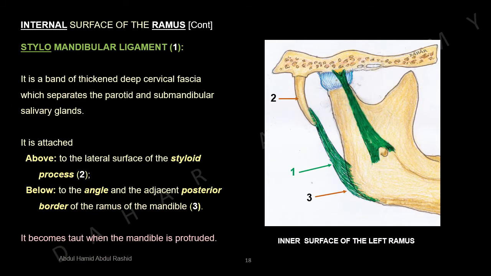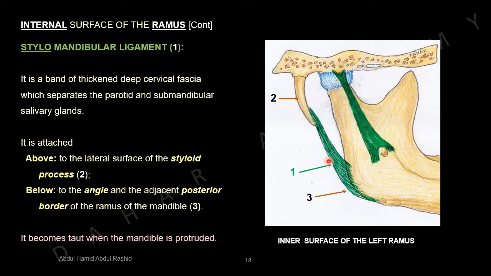The second ligament, which is related to the inner surface of the ramus, is stylomandibular ligament. Number 1. It is a band of thickened deep cervical fascia which separates the parotid and submandibular salivary glands.